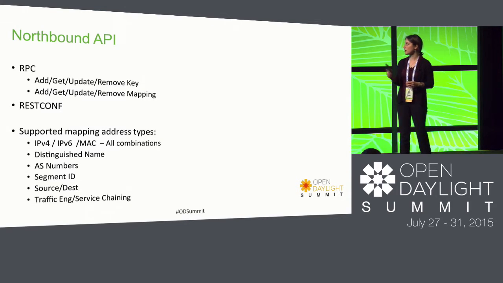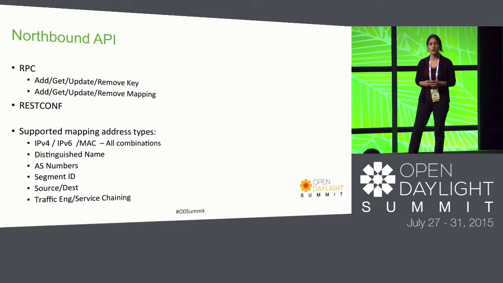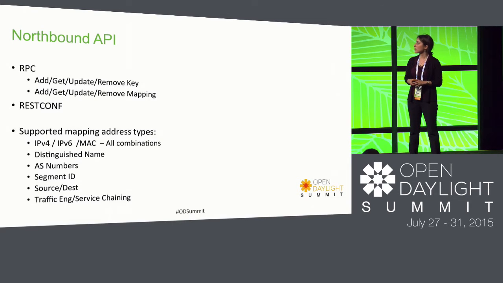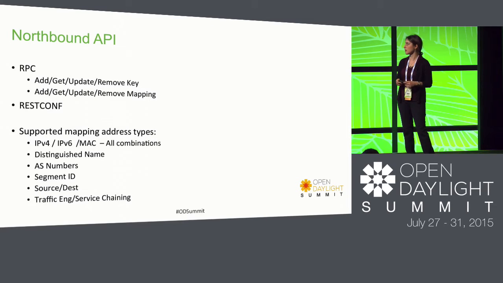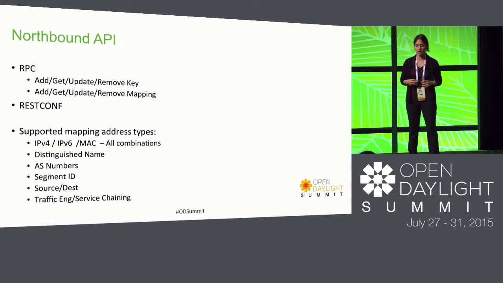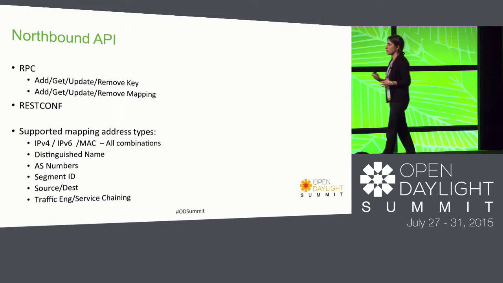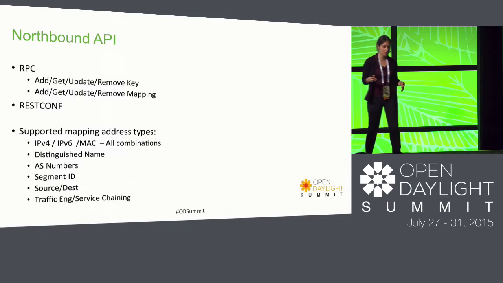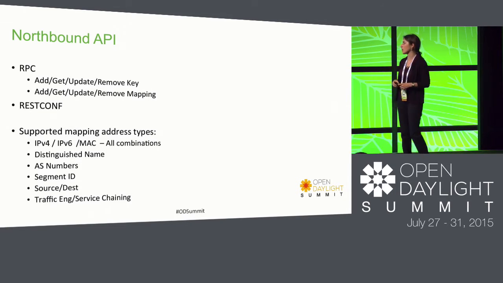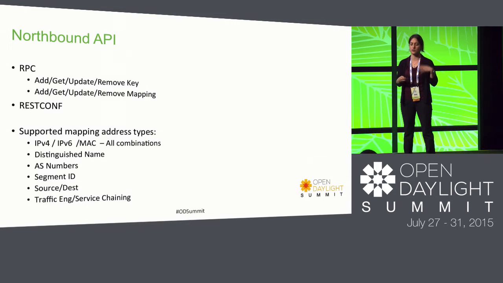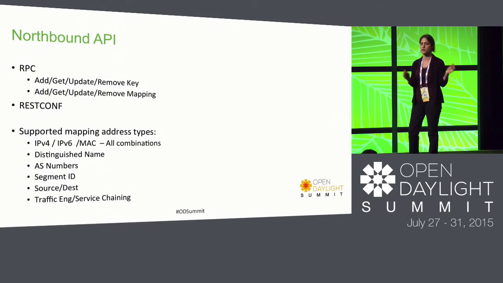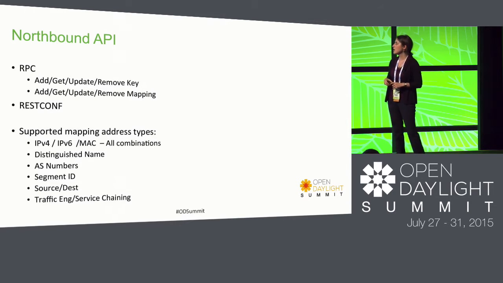Then, in terms of what kinds of mappings we support, basically, we have, as I said, v4, v6, and MAC or Ethernet mappings, and also some more complicated ones. We have two-tuple mappings for source and destination, where it's not just the destination that you map to a location, but you define policy between a combination of source and destination, or a two-tuple.